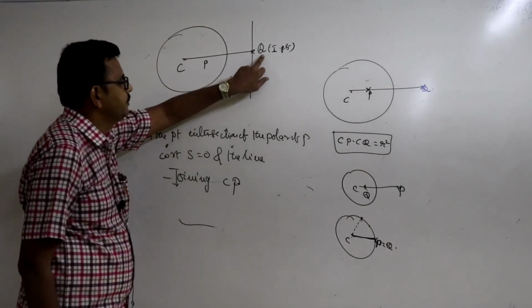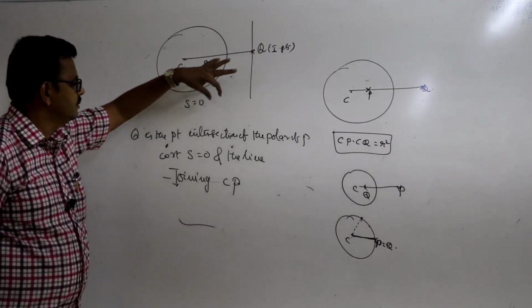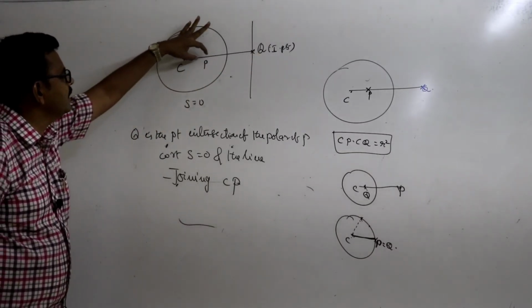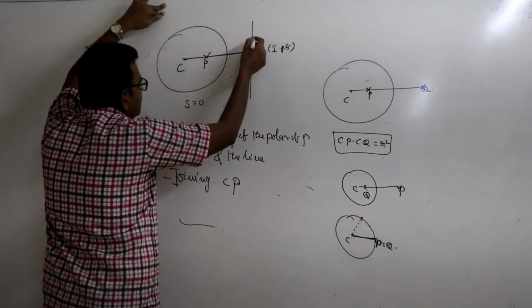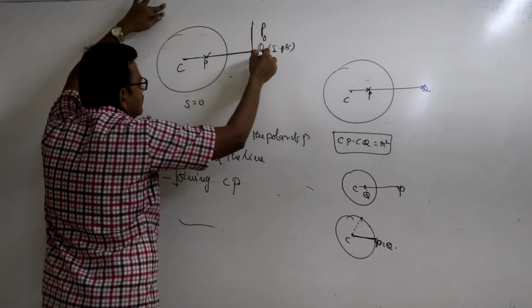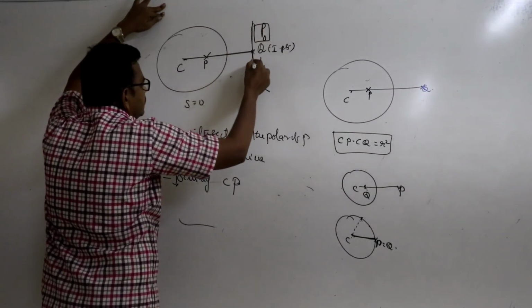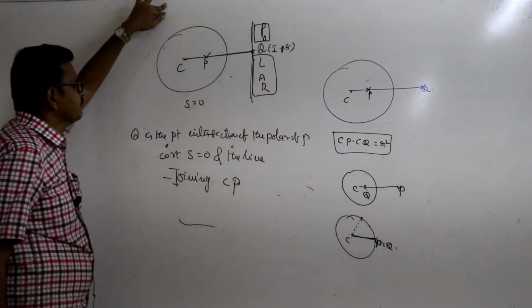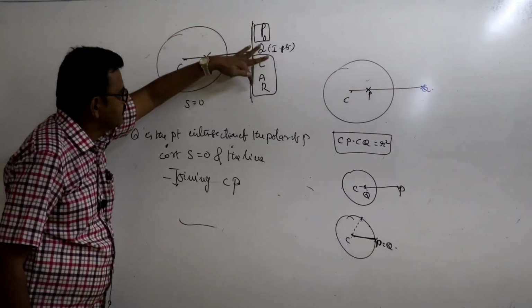Q is the inverse point of P. How to find Q? Q is the point of intersection of the polar of the point P. The polar of P is S1 = 0.